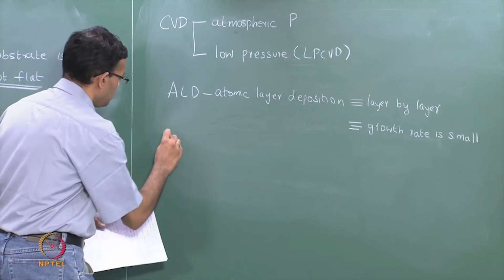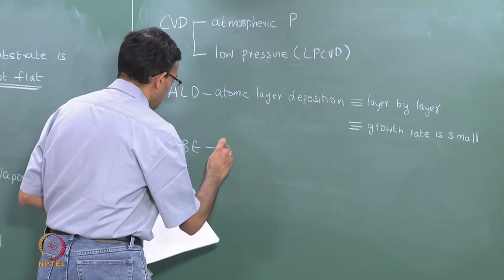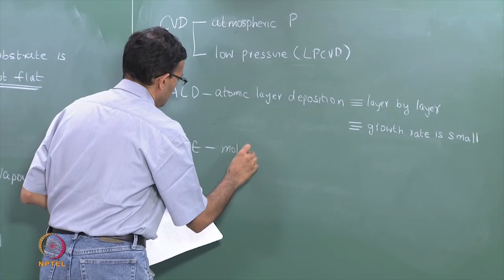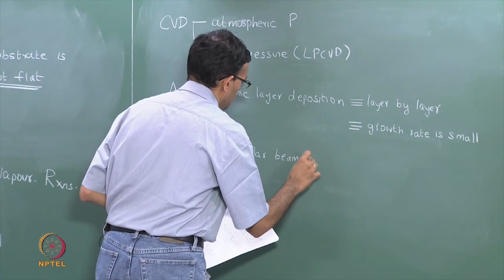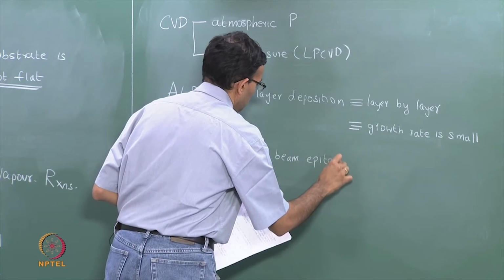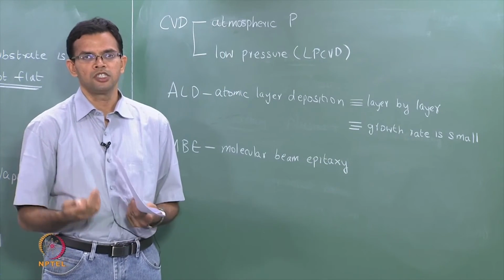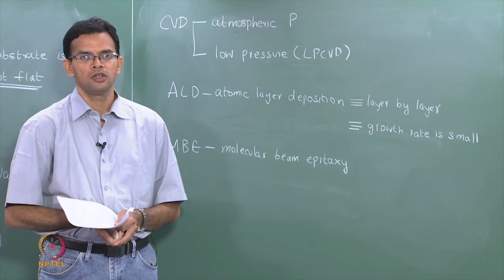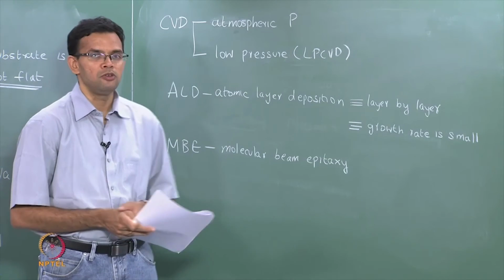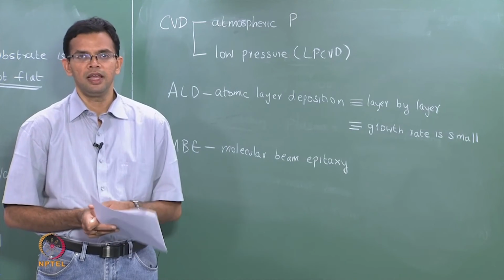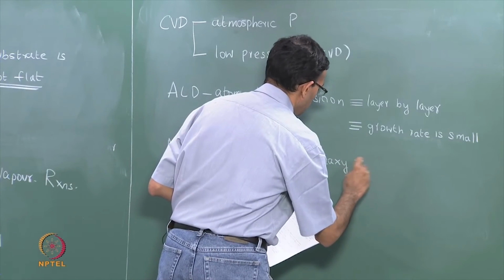Another technique is called MBE, or molecular beam epitaxy. So in this case, molecular beams of the final film you want are used in order to grow your materials. MBE can be used for growing again thin epitaxial layers with very good composition control.